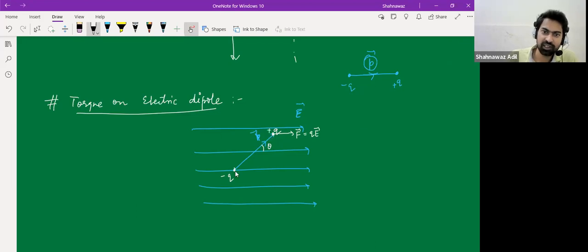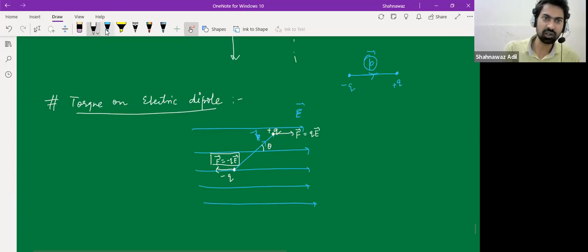And Aisha, what would be the direction of the force for this charge? Opposite to the electric field, correct. This force is again equal, this is minus Q. So you guys can see that we have a couple, one force acting in this direction and the other in this direction.